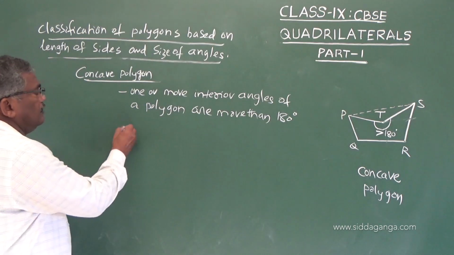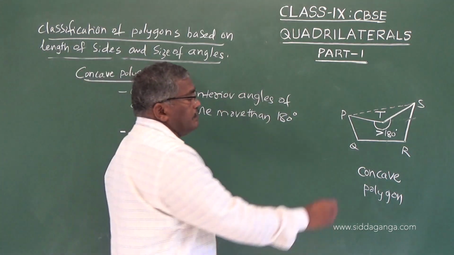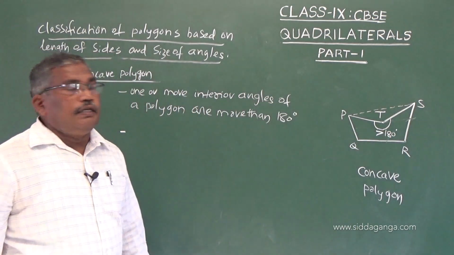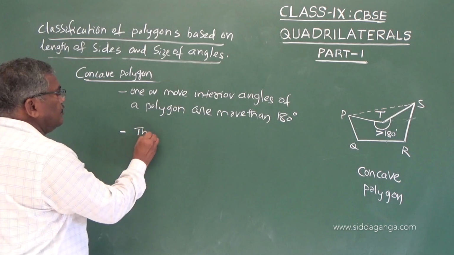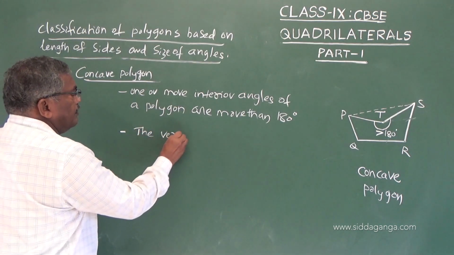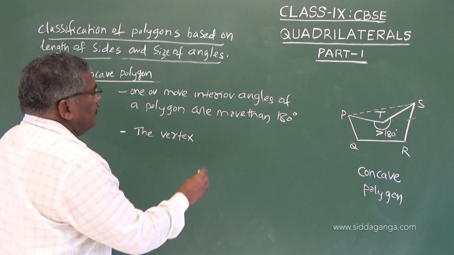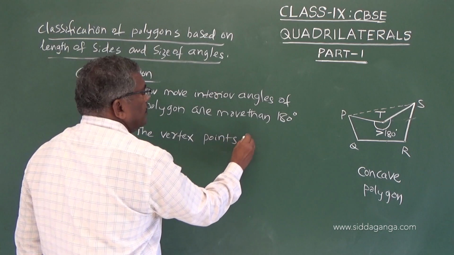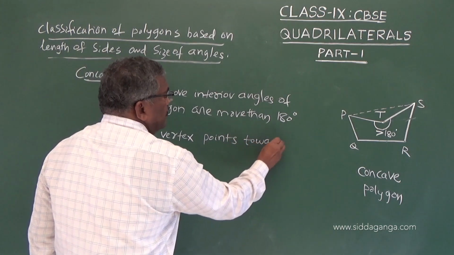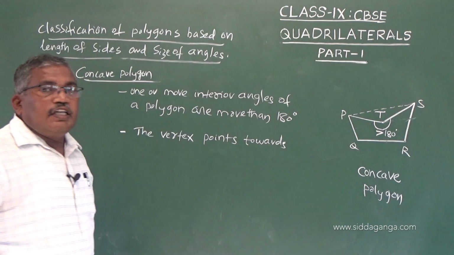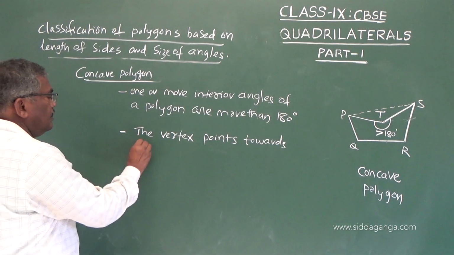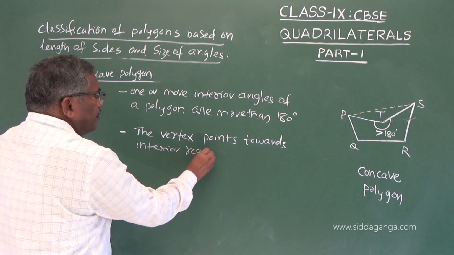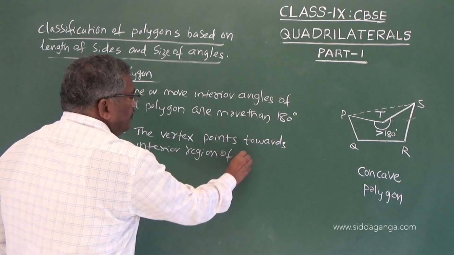Now second, the vertex points towards the interior region of the polygon.